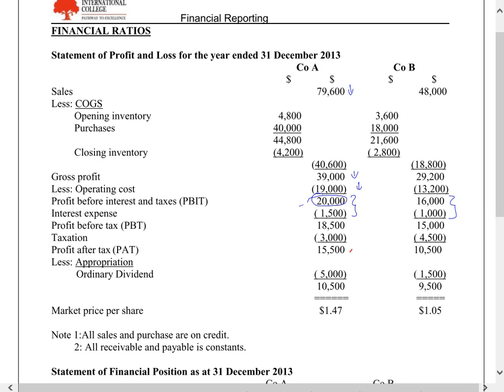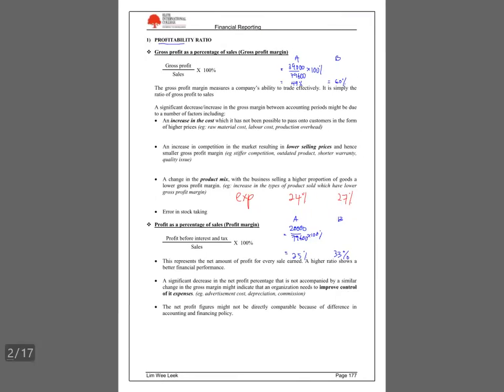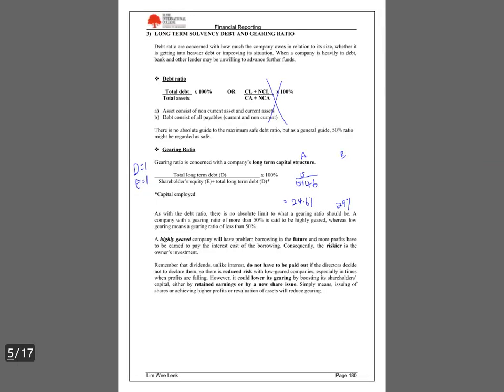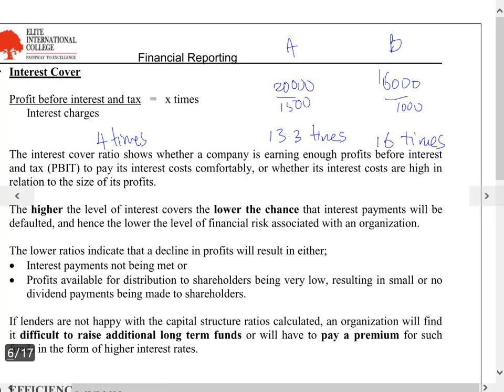What happened to my interest? Will it drop? My interest won't drop because the bank won't tell you that, since your business is not good, I'll charge you lower interest. No. The 1.5 will still need to be paid. So if my sales drop by half, my profit, everything drops by half, this one here becomes 10,000, assuming.